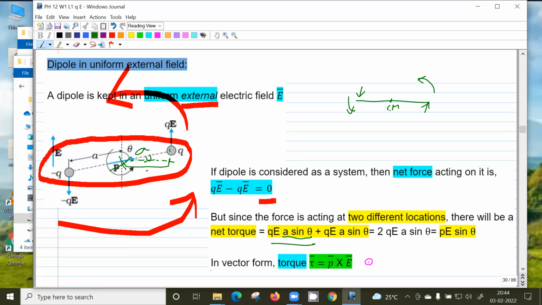One second, can you please tell me how you get A sine theta? Torque is given as what? R cross F. That is R into F into sine theta, right? Because theta is the angle between R and F. So here, F is in the vertical direction, and R is this one.